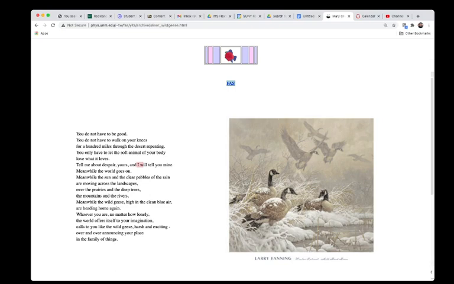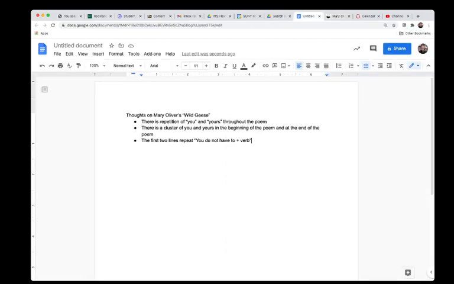What it turns out is that we could argue that this use of I, the only use of I, by the way, in the poem, is perhaps creating a conversation, right? Is there a conversation being created between the poet and the reader, right? And we've gotten that just by looking at the pronouns, you and I. So I might take down a note.